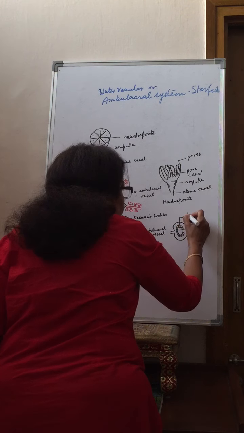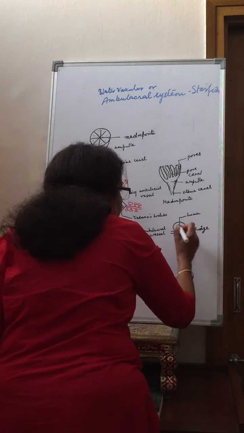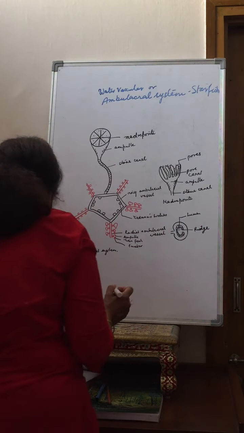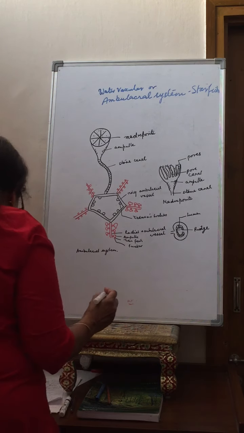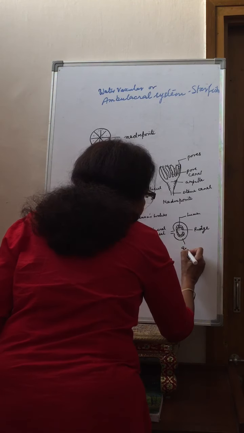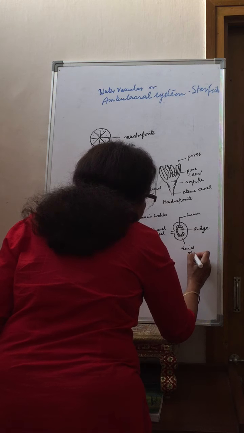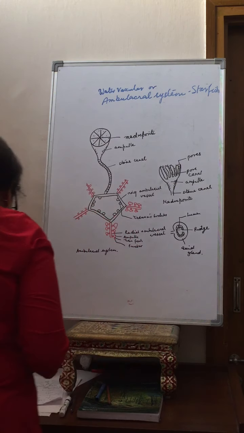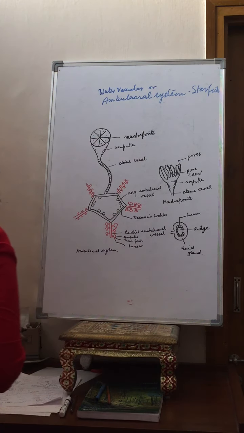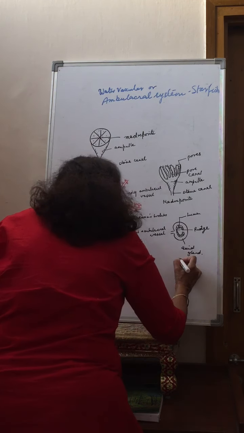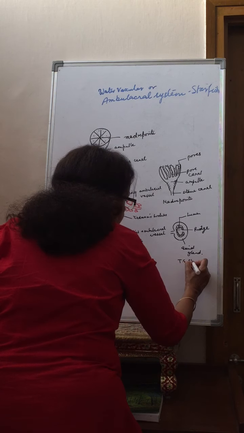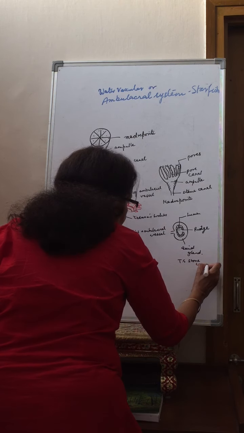This is the lumen, and this is the ridge in it, and the axial gland is present around the stone canal. So this is the transverse section of the stone canal.